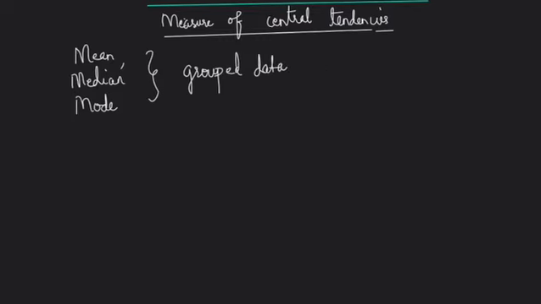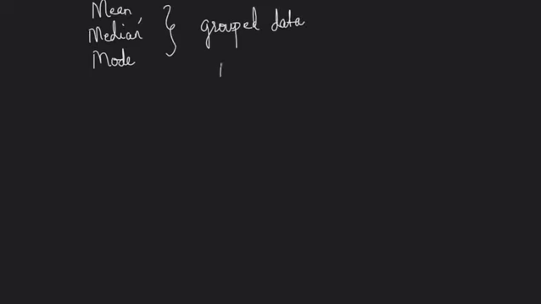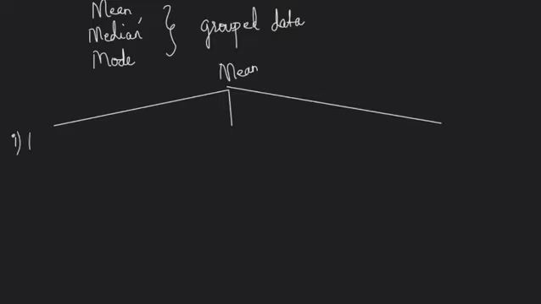So first of all, let us discuss mean. To find the mean, there are three ways. The first method is the direct method.